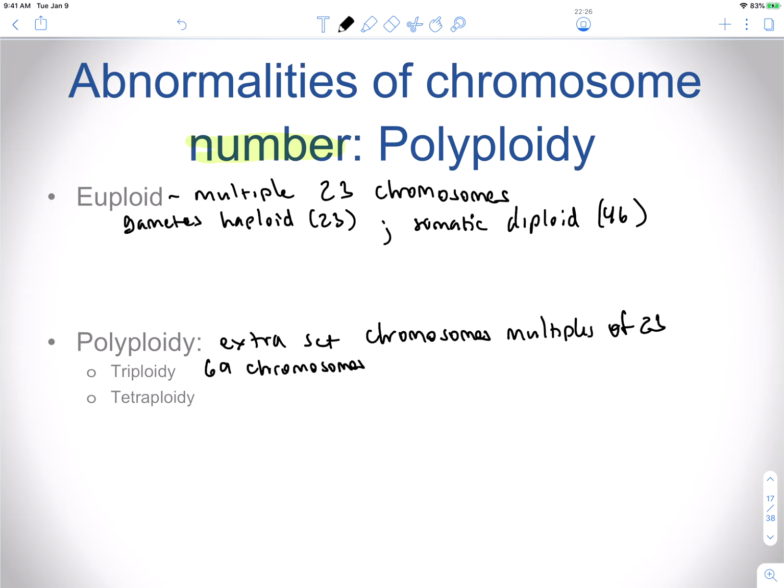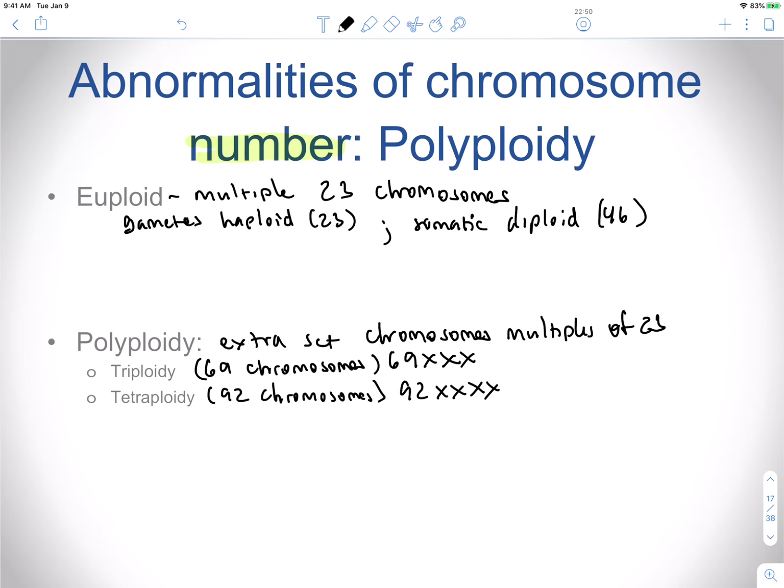This is going to be, for example, 69,XXX. That just tells you that you have 69 chromosomes, so you have triplicates of everything, including the X. Tetraploidy is going to be 92 chromosomes, so in this case, 92,XXXX.